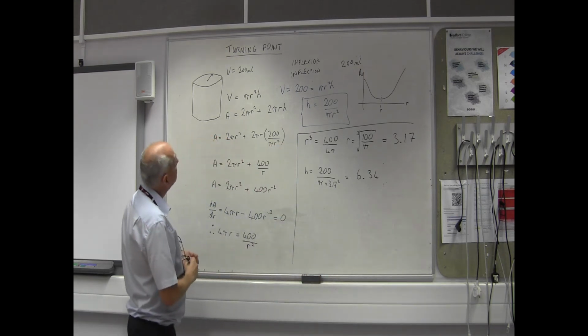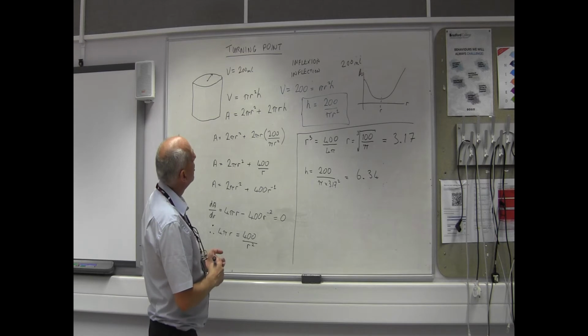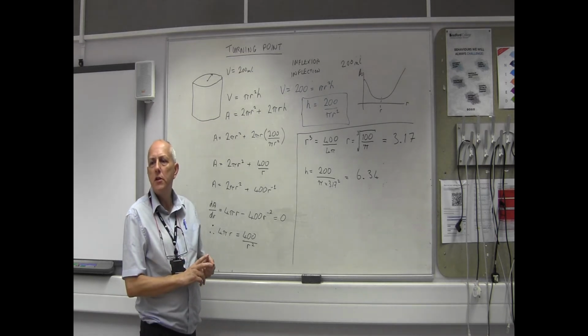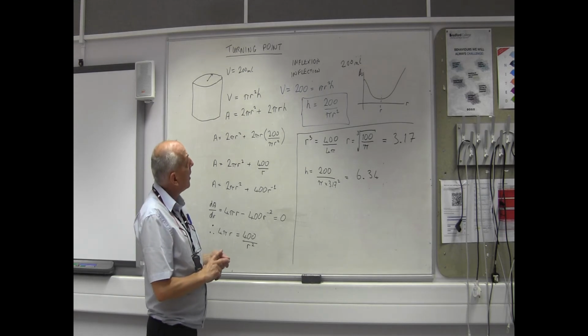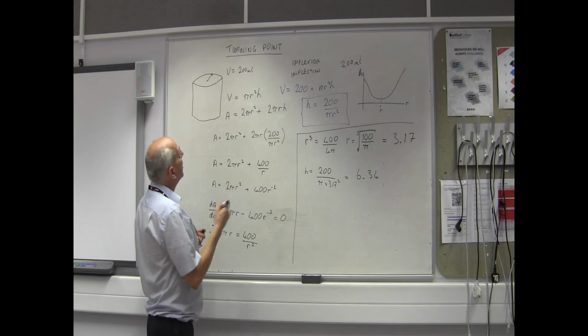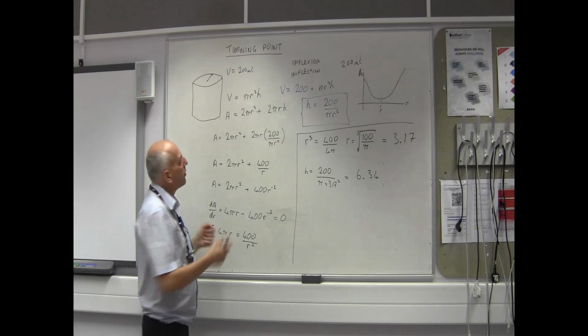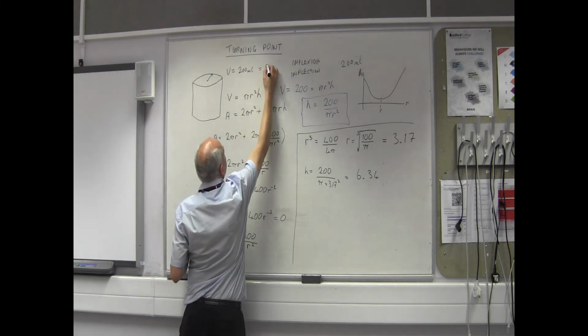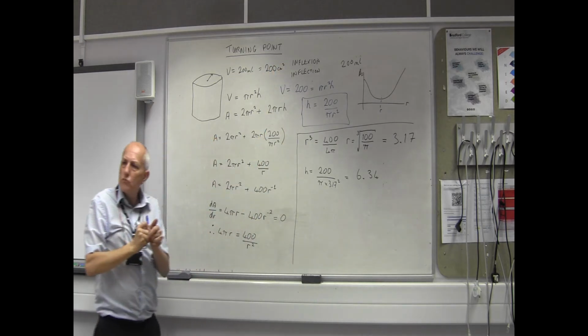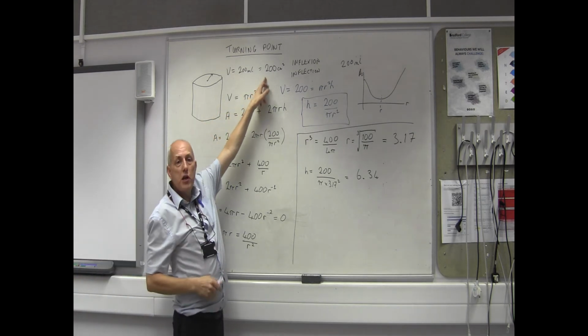Another question there. What units are we in? Centimetres. Yes. You won't necessarily know this off the top of your head, but that is equivalent to 200 centimetres cubed. So we don't have to change the units.